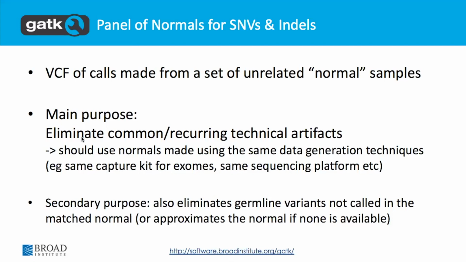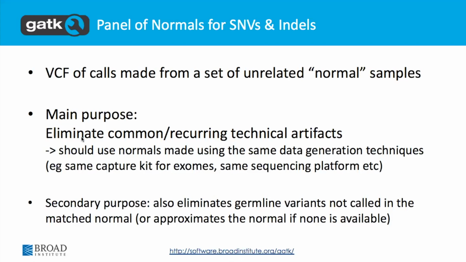But we do recommend using additional other normals if available, because ideally you want to have as many of those as possible. As many normals that are technically applicable, because they're generated with the same technology, as many of those as possible included in your panel of normals.